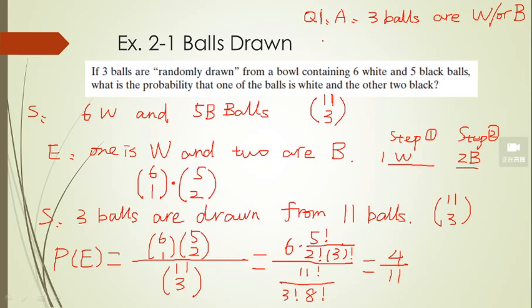Either white or black. Or you can think about another event B, you draw 2 white plus 1 black. This B means black color. So you can think about the probability of those events.